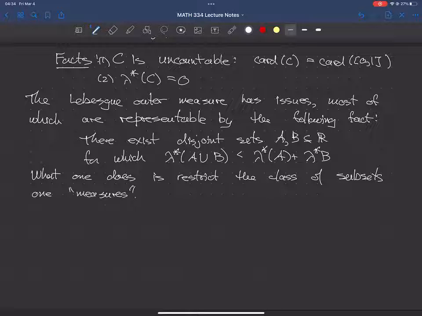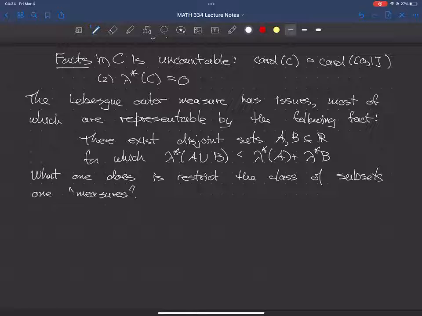An outer measure in general has the nice attribute that it can be applied to any subset of the set. So the Lebesgue outer measure makes sense for any subset of R.